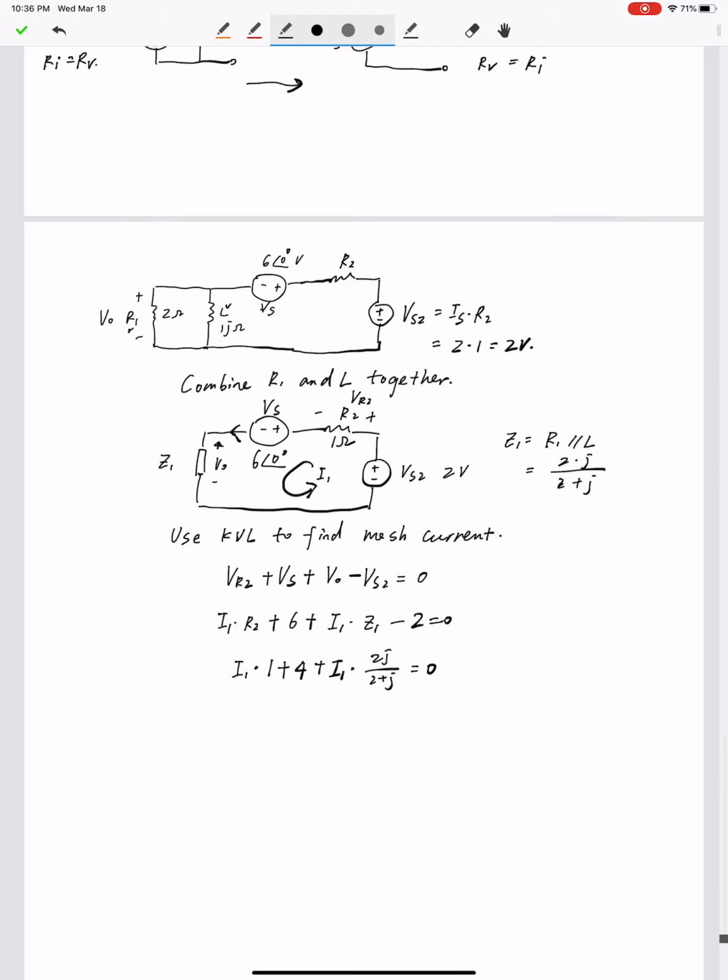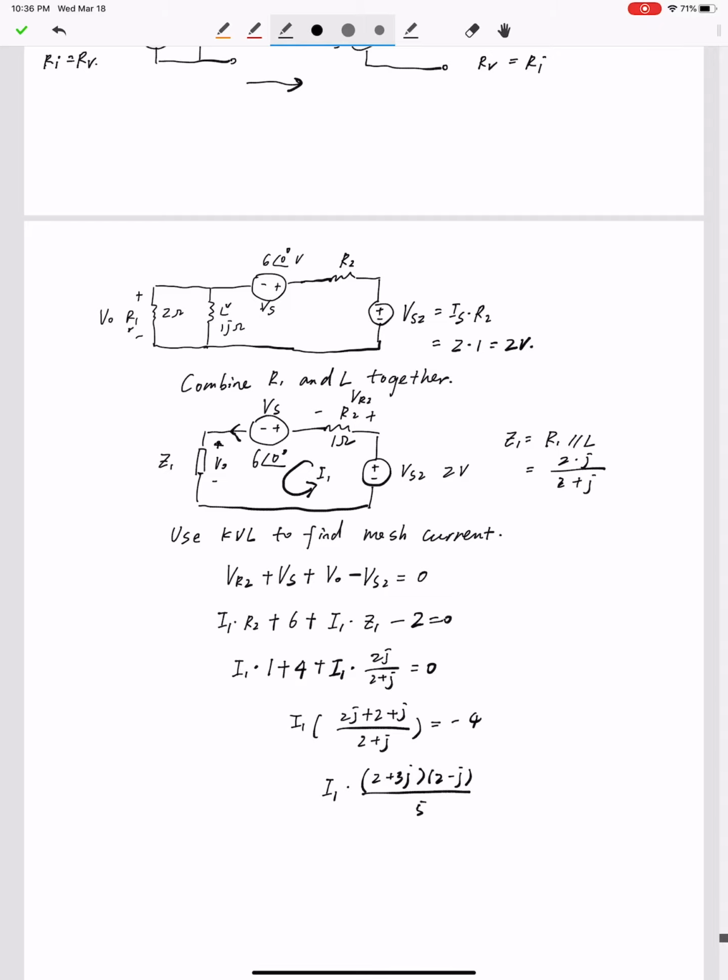Now we have a single unknown variable, which is I1. That should be I1 times (2j plus 2 plus j) divided by (2 plus j) equals minus 4. And that should be I1 times (2 plus 3j) times (2 minus j) divided by 5 equals minus 4.